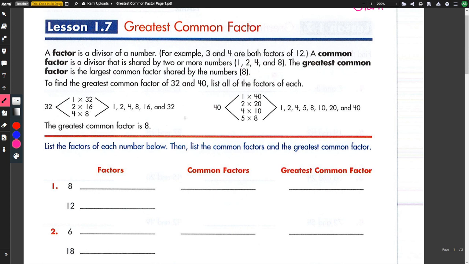It's easy if you have them in numerical order from least to greatest. Makes it a little easier to find them. And then we have 1, 2, 4, 5, 8, 10, 20, 40. And as you can see, the greatest common factor, the biggest one they have in common, is 8.